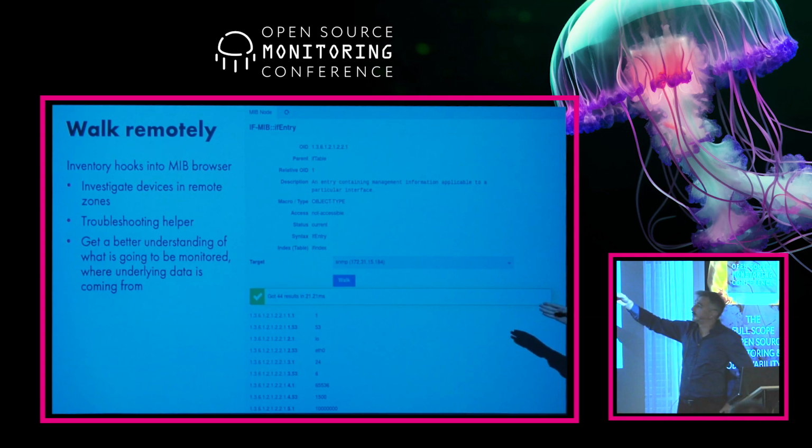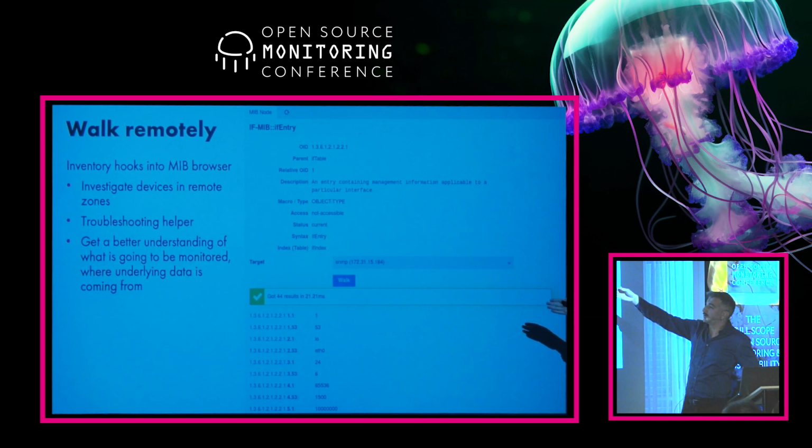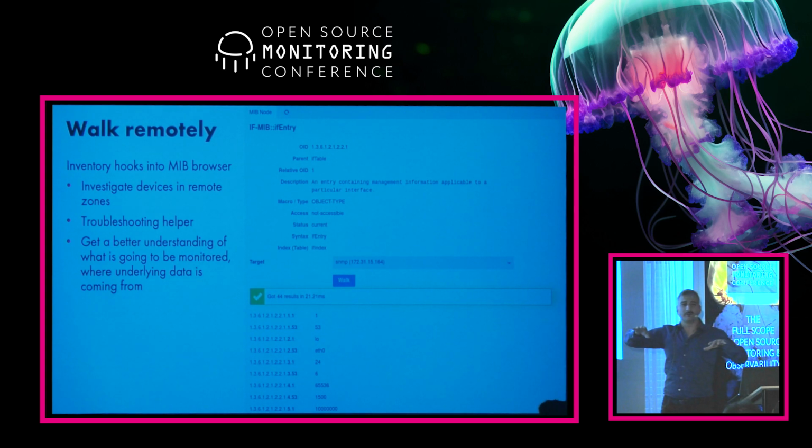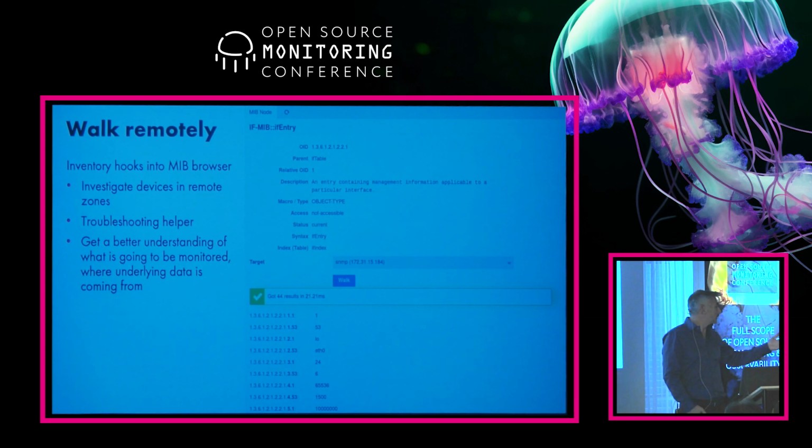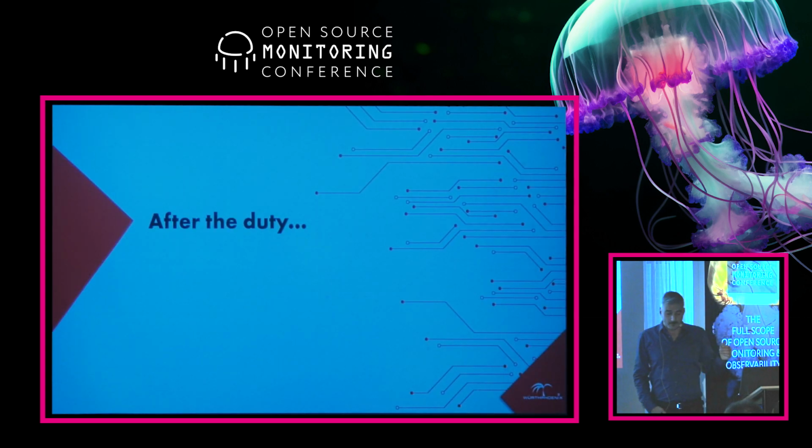And you can use this to walk live on the device remotely. So you can have portals in different zones and say, well, I have a problem with that OID. Let's have a look on that node in, I don't know, Milan, where I have a satellite, and I walk that one. Yeah, but this was just the MIB parser for me.